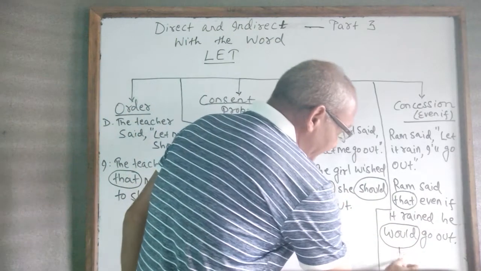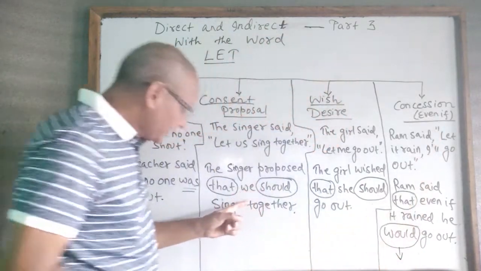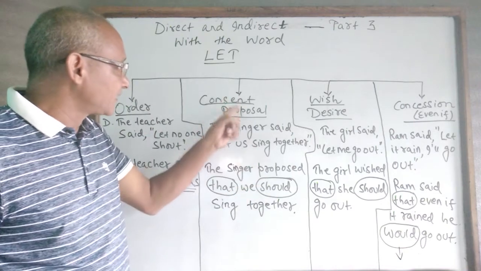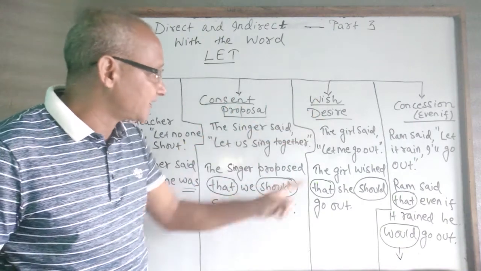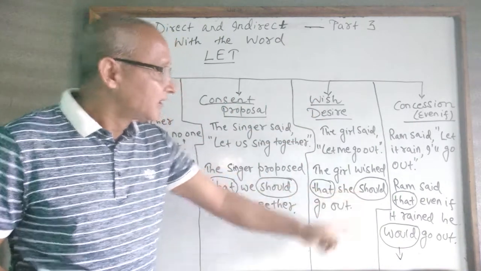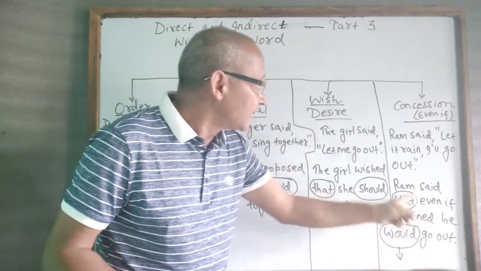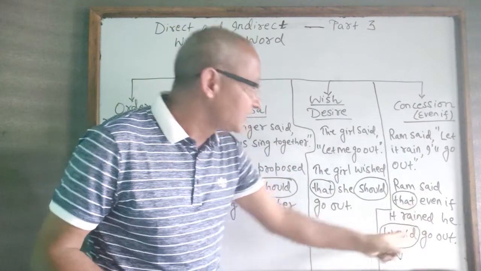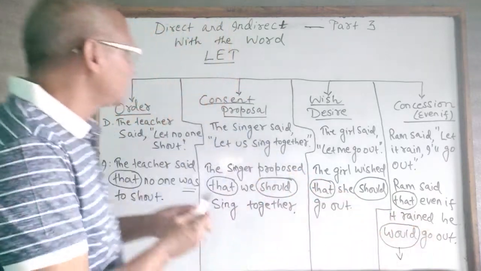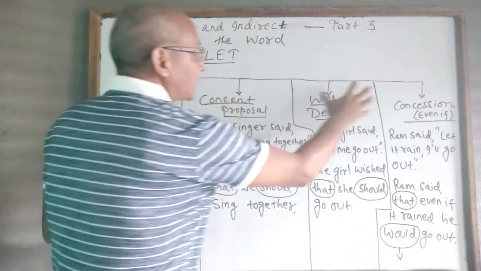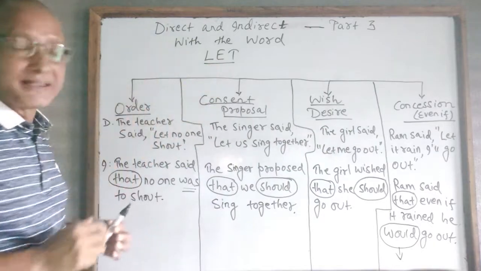Now here is a difference. In the other cases, when we use should, like in consent and proposal or wish and desire, here we can use would. So it rained. Ram said that even if it rained, he would go out. So these are the 4 categories of the word let.